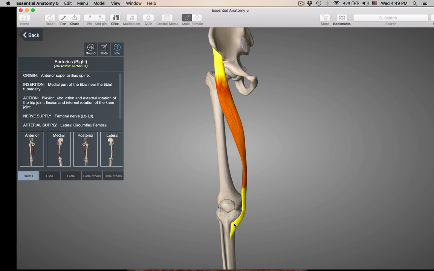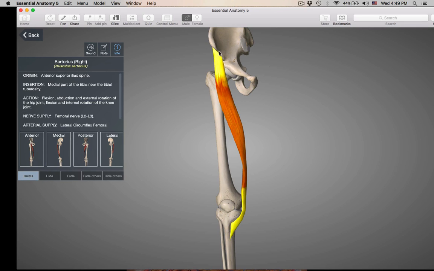And you will see it does cross the knee, so it's also going to be doing what to the knee? It's bending the knee. So we are saying that the Sartorius is also going to be doing flexion of the knee. We haven't got to the knee yet, but it does cross the knee, so when we get there, it's going to be one of our knee flexors.